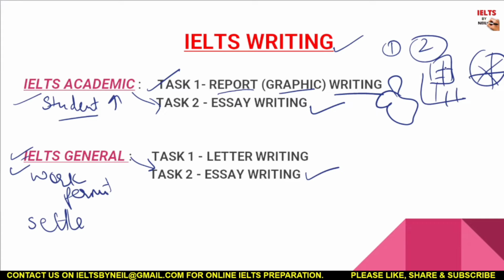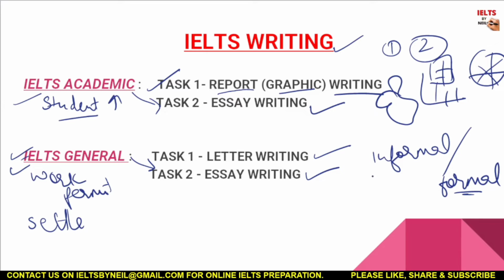So IELTS academic, task 1 is report writing, task 2 is essay writing. Okay, and IELTS general training, task 1 is letter writing. A letter can be informal or formal. As you all know, formal are the letters we write to the office or to colleagues or to any official person.